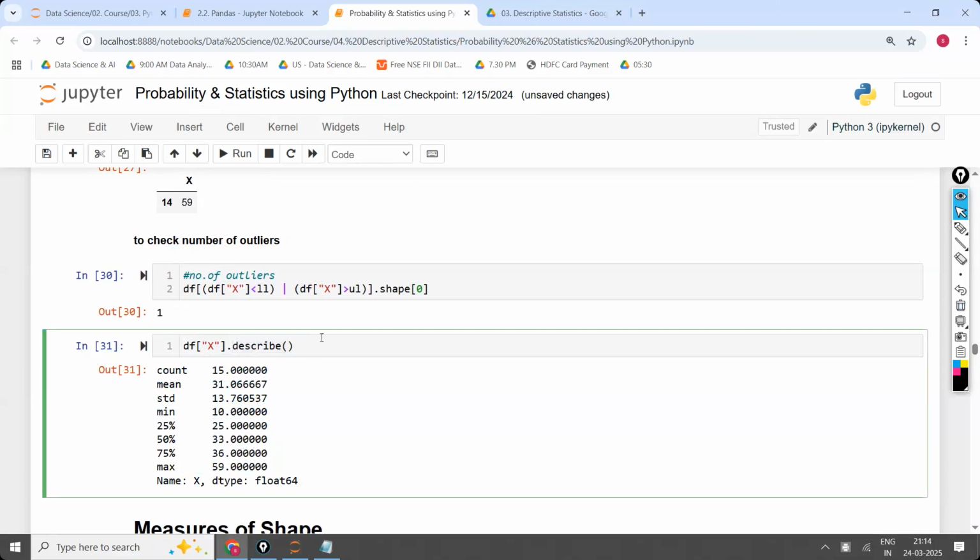Dot describe will give the complete descriptive statistics, just by using dot describe. Clear?